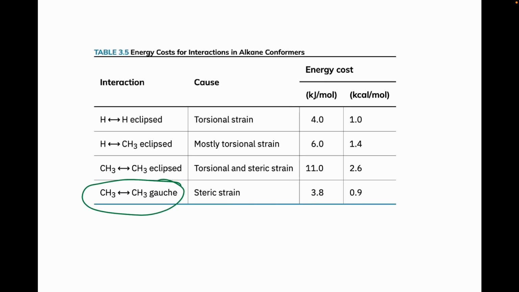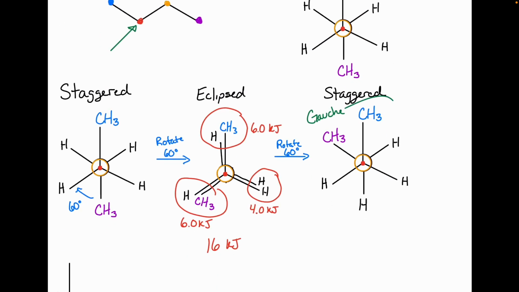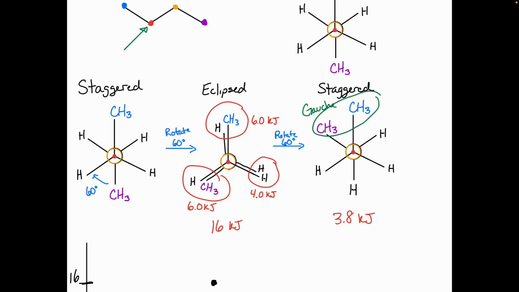It's not huge, right? It's actually less than when our hydrogens are eclipsed. But nonetheless, we're not at our low energy zero state here. Right? So because of that gauche interaction between those methyl groups, this is now at 3.8 kilojoules.